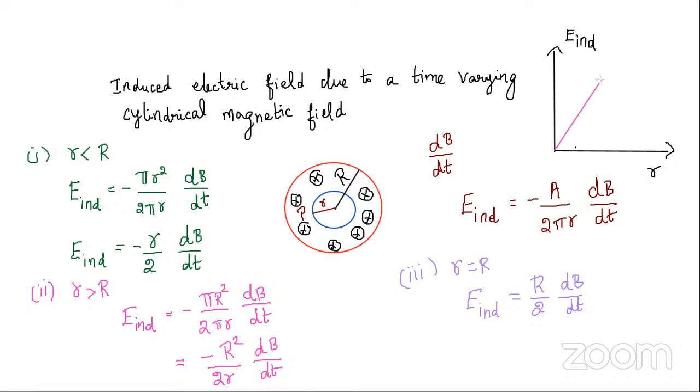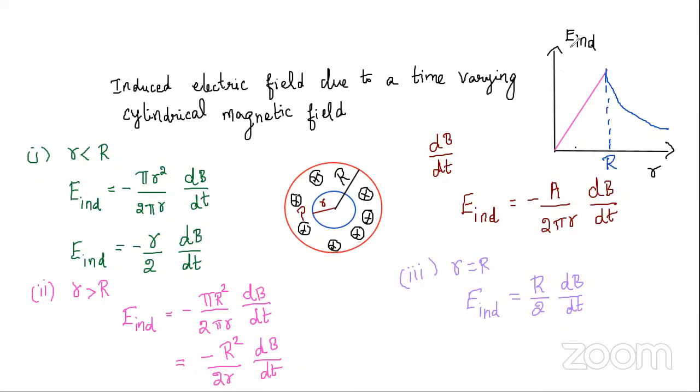The induced electric field rises sharply, and after that it falls like this. So here you see it reaches the peak at small r equal to capital R. At small r equal to capital R, the induced electric field reaches a maximum.